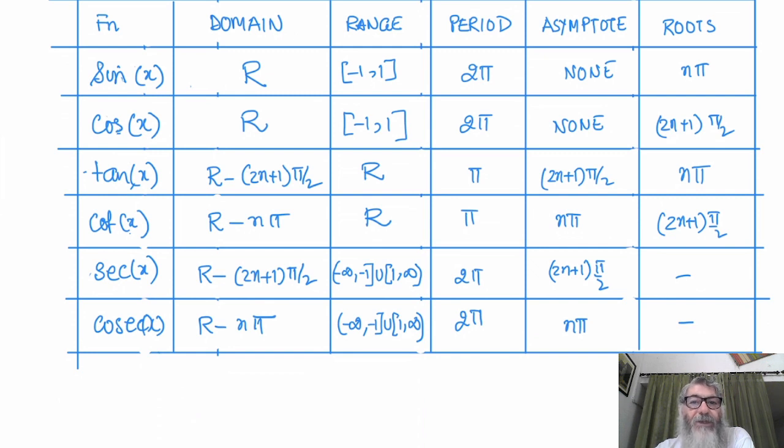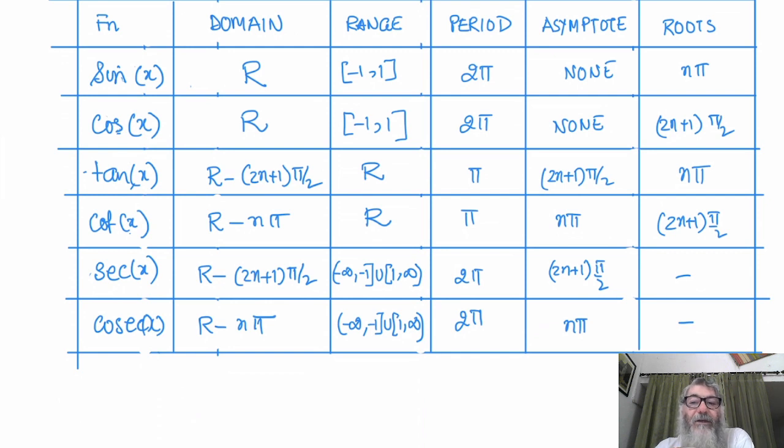The range is minus 1 to 1, because you notice that in the sine graph as well as in the cos graph, it is restricted between y equal to minus 1 and y equal to plus 1. There are two horizontal lines drawn, y equal to plus 1 and y equal to minus 1, and the graph is restricted between those two lines.